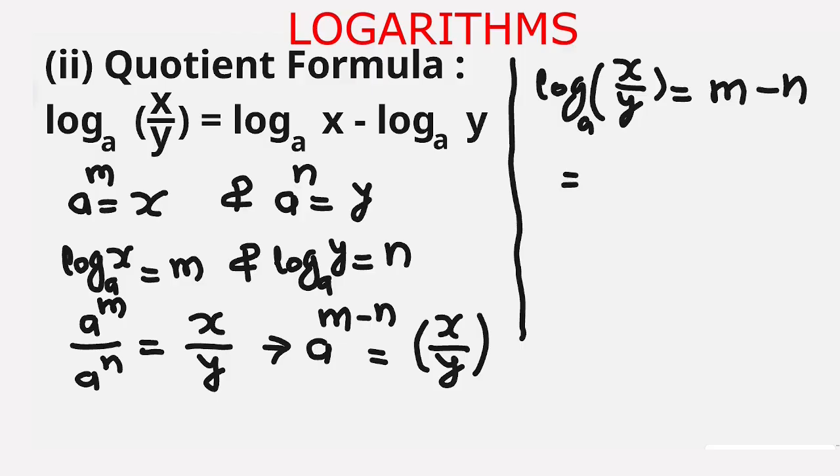M is log x base A, n is log y base A. With this we reach the formula log x upon y base A equal to log x base A minus log y base A. I hope you have understood the formula and its proof. Now we go to the next formula.